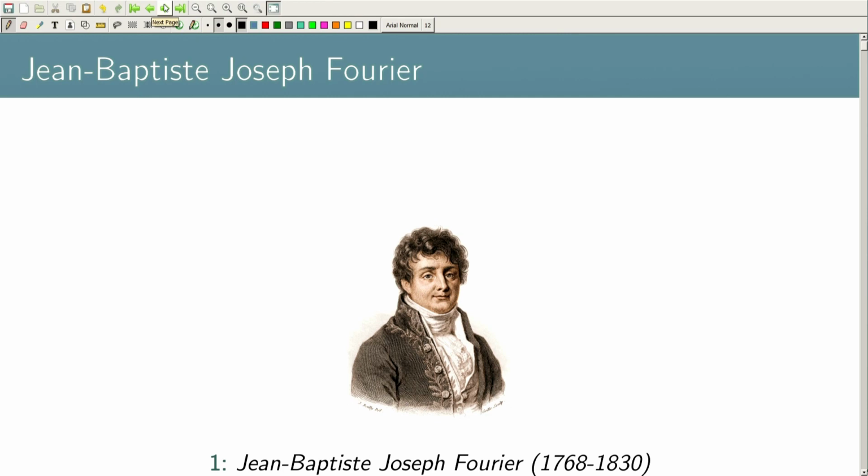So, first, this is Joseph Fourier, who had initiated the study of Fourier series, which has a profound impact in every sphere of mathematics. This is the picture of Fourier.